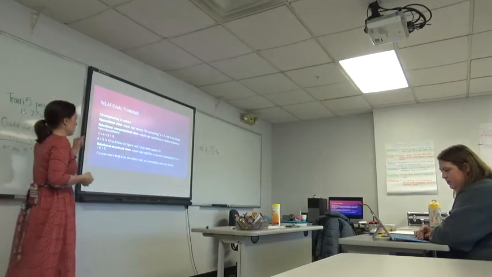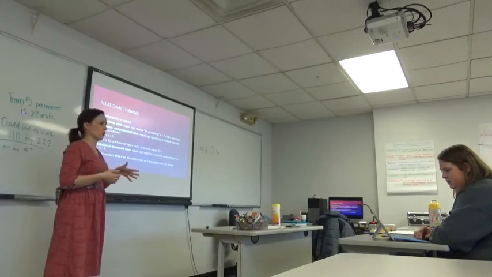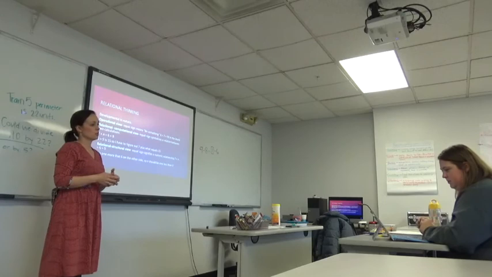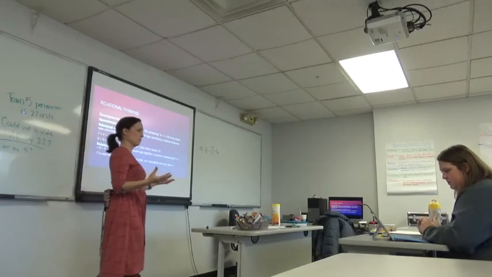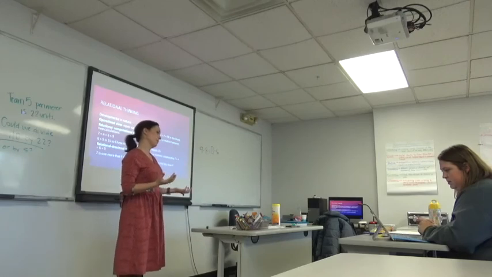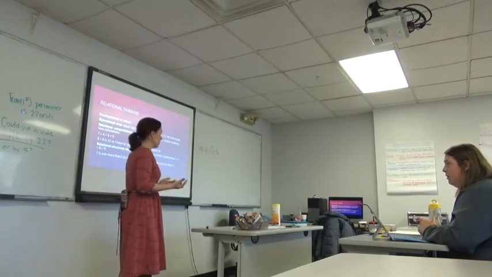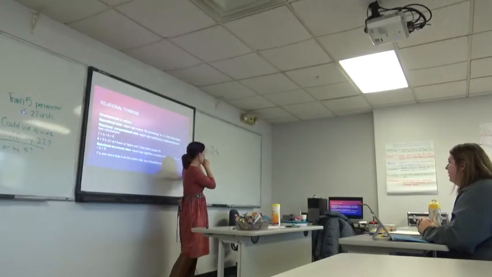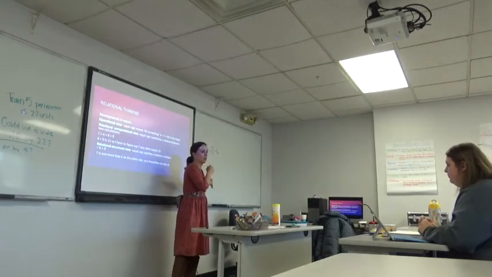So instead, we want to encourage a relational view. So the equal sign tells us about the relationship between the numbers on the right-hand side and the left-hand side. So operational versus relational. And one of the ways we see curricula address this is by changing where the unknown lies.